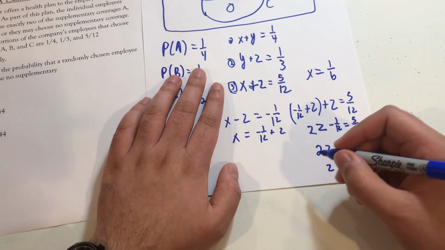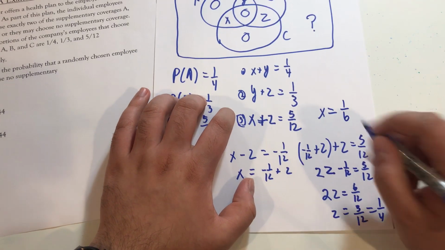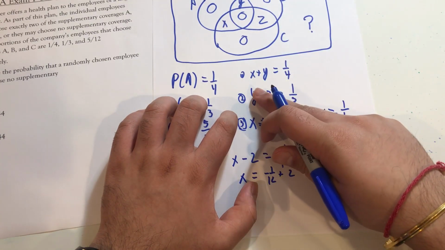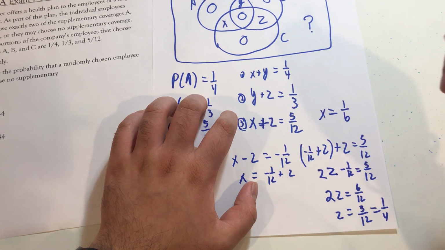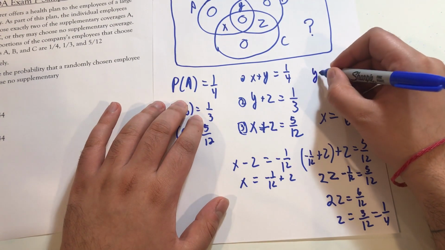So I found x is 1/6, z is 1/4, and since x is 1/6, y would equal 1/4 minus 1/6, and that's 1/12.